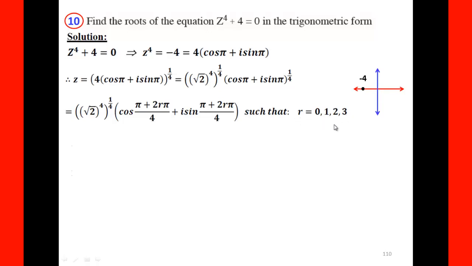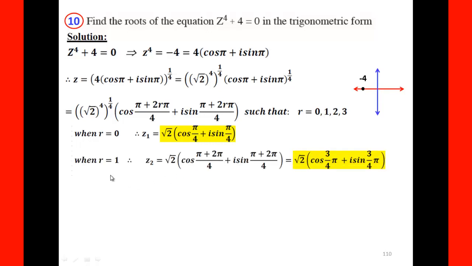How many roots? 1, 2, 3, 4 roots according to the value of r. When r equals 0, z1 equals root 2 cosine pi over 4 plus i sine pi over 4, and we will not make any change on this root because theta is pi over 4 and it's included between negative pi and pi.